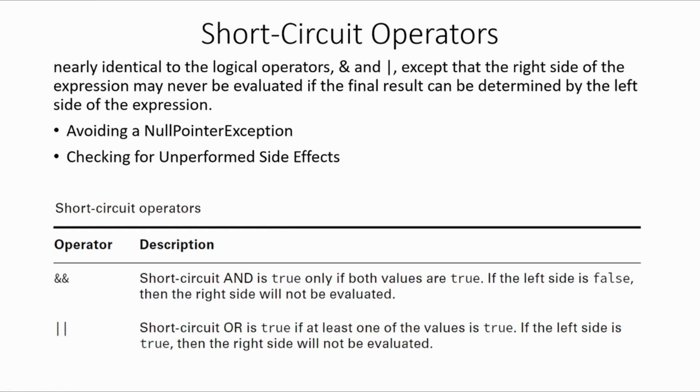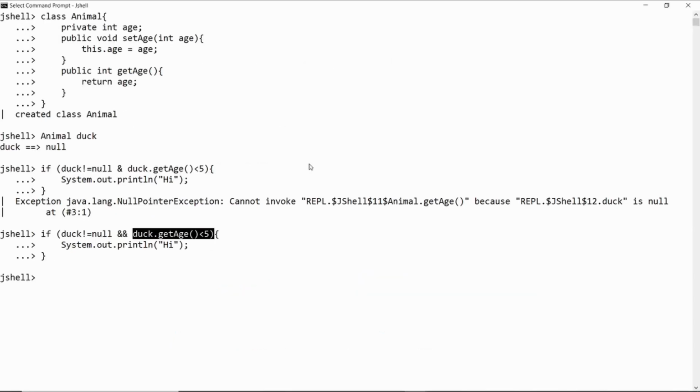Be careful of the short circuit behavior on the exam, as questions are known to alter a variable on the right hand side of the expression. They may never be reached. This type of question is in the exam.